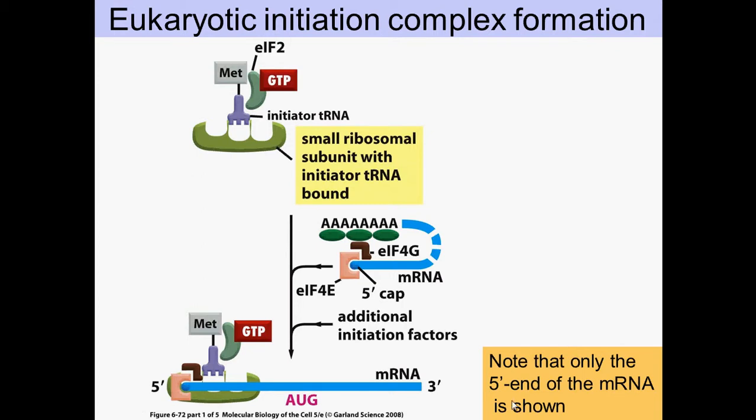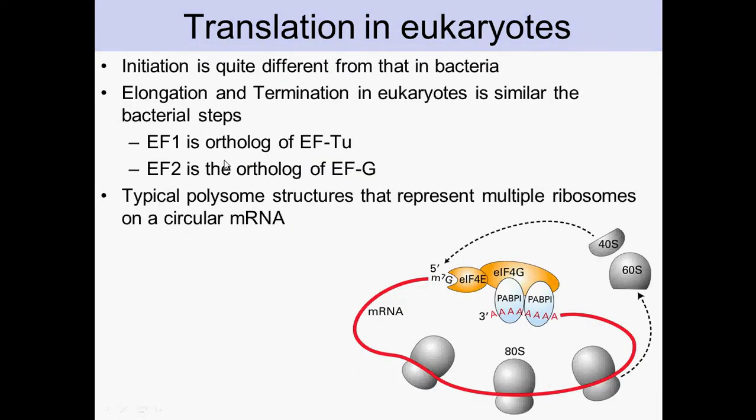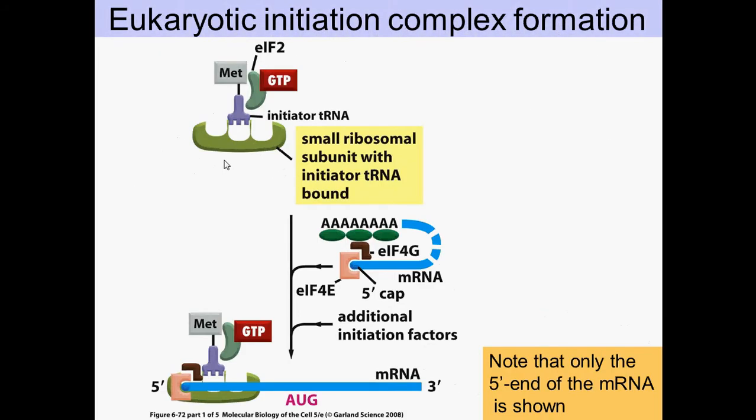And here we see a diagram of EIF2, which is doing the translocation, and EIF4E, and then EIF4G between the PAB and the EIF4E at the 5' end, and then the PAB at the 3' poly A tail, creating the circle.